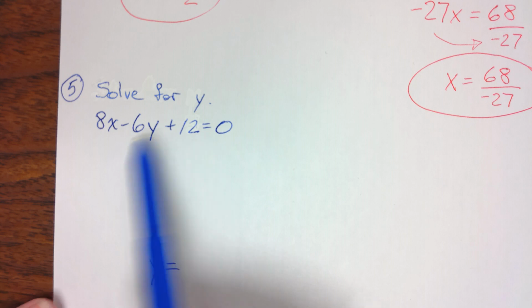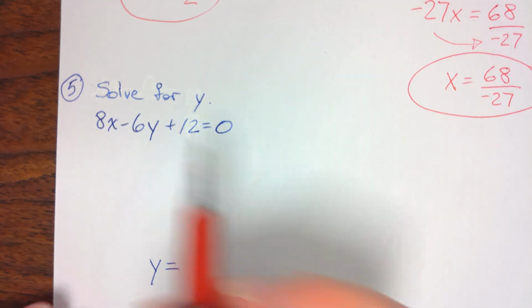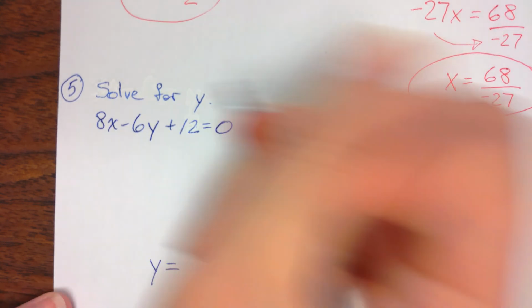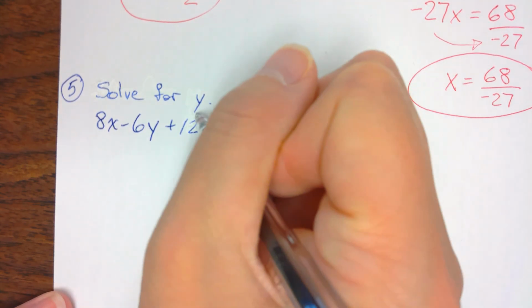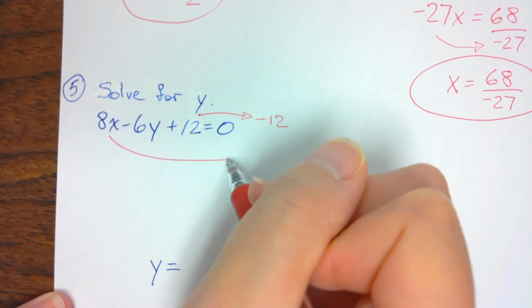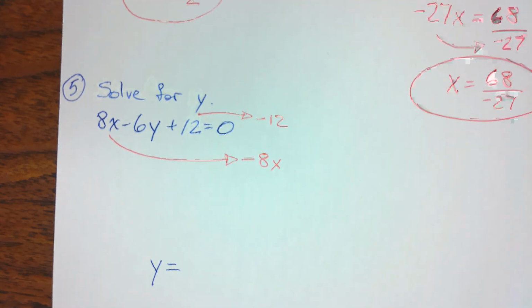All right, so if I want y by itself at the end, that means I have to move some stuff over. What should I move to the other side? Sam? Right. Okay.